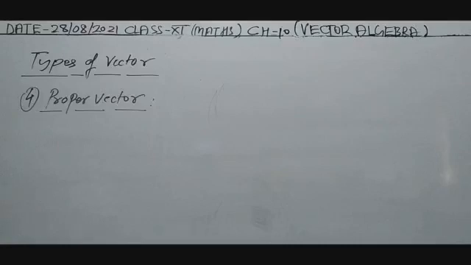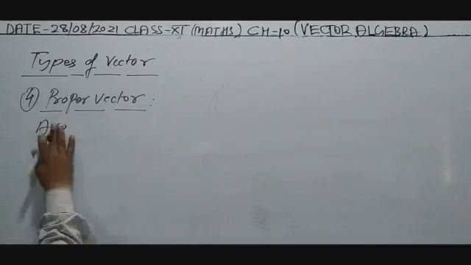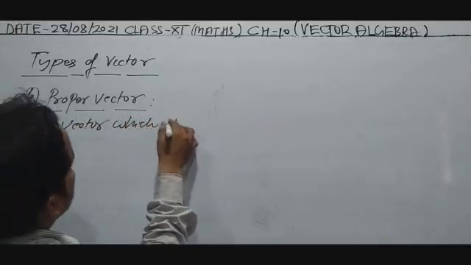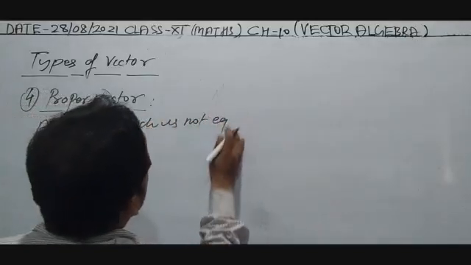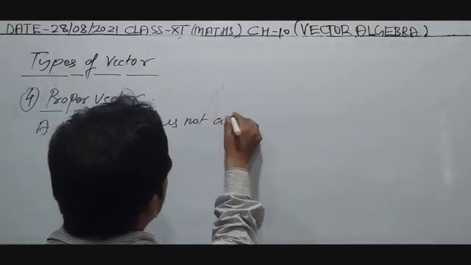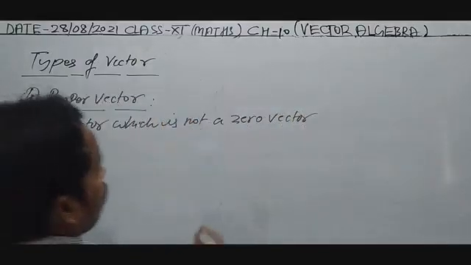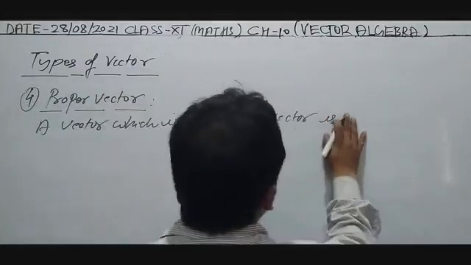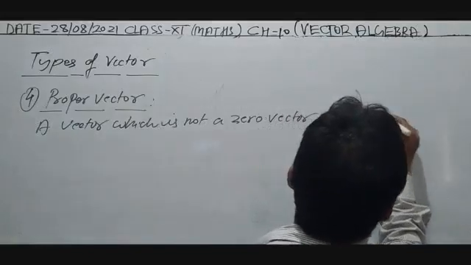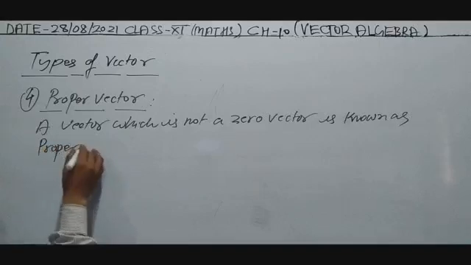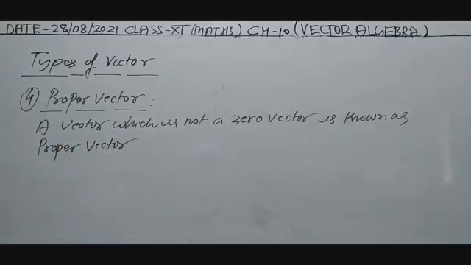A vector which is not equal to zero vector, a vector which is not a zero vector, is known as proper vector.